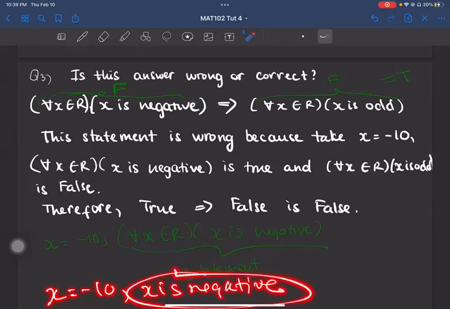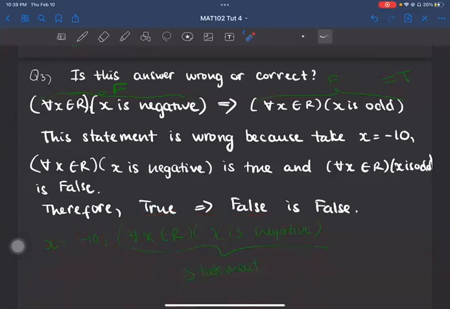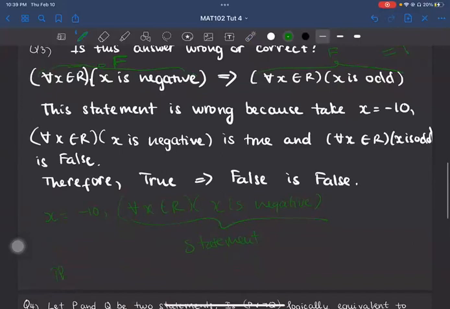And when it is a predicate, you can assign a specific value to determine whether it is true or false. But this one is a statement by itself already. You cannot do this. Okay. So the student's answer is wrong.